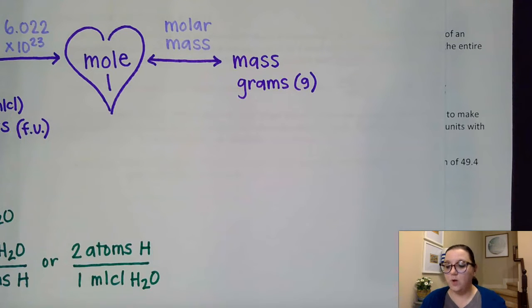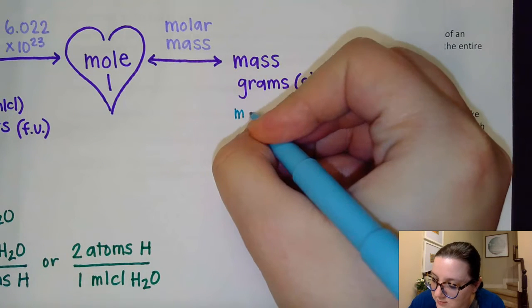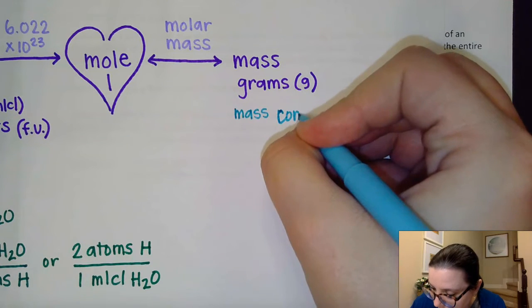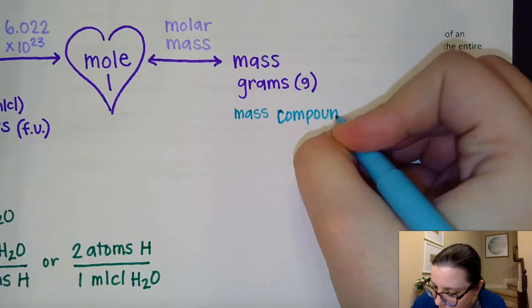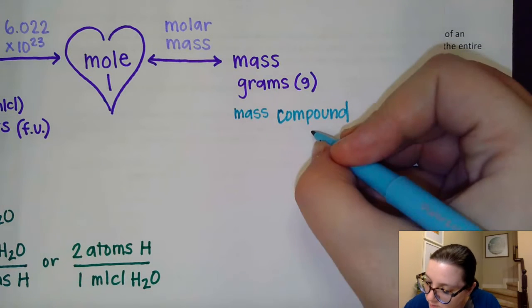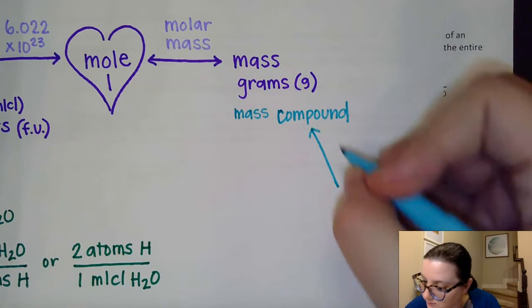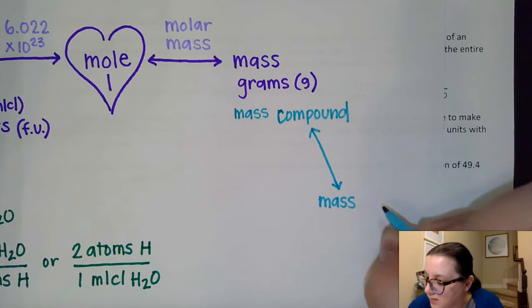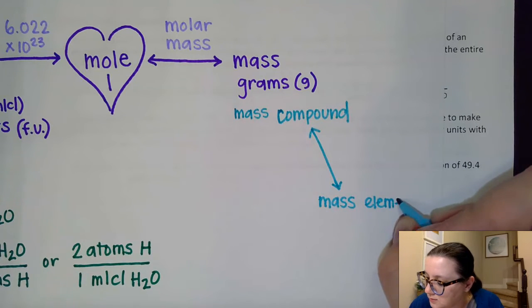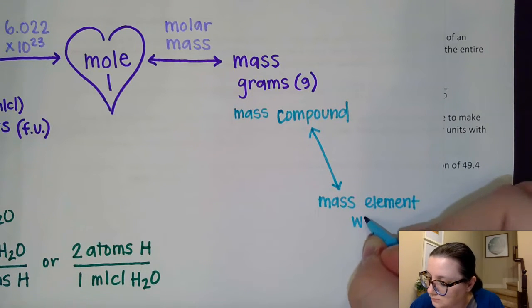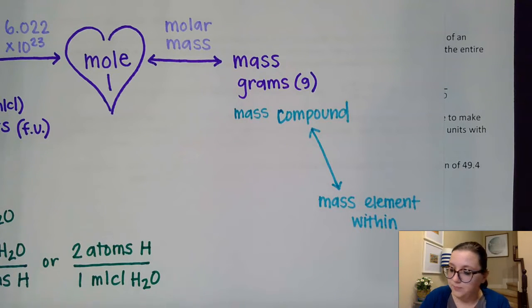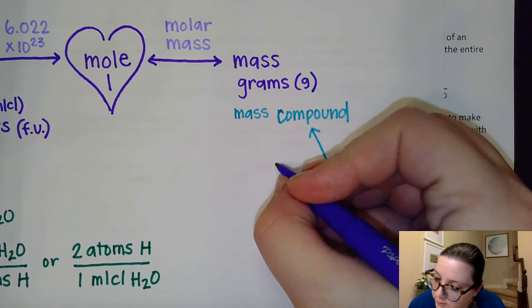What we can do on this portion is say, if we have the mass of some sort of compound, I can get back and forth between that mass of the compound and the mass of an element within. And we're going to do that by setting up a mass ratio.